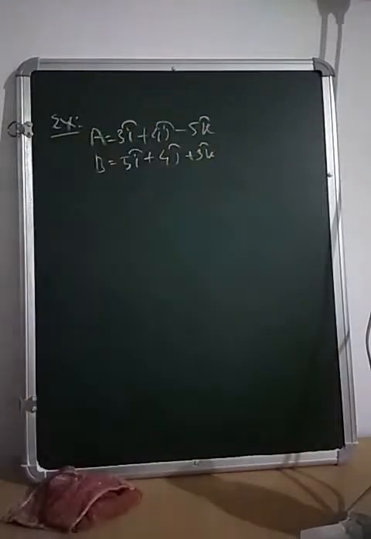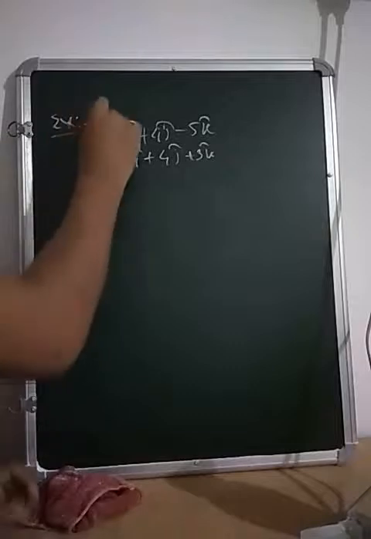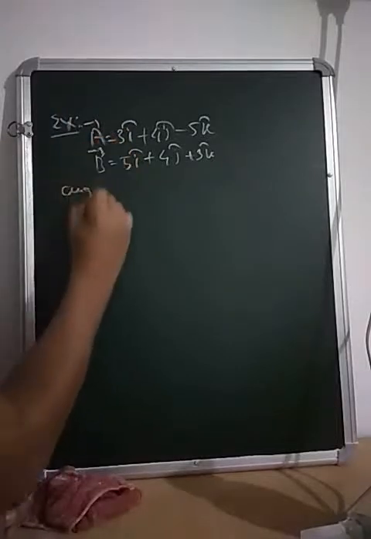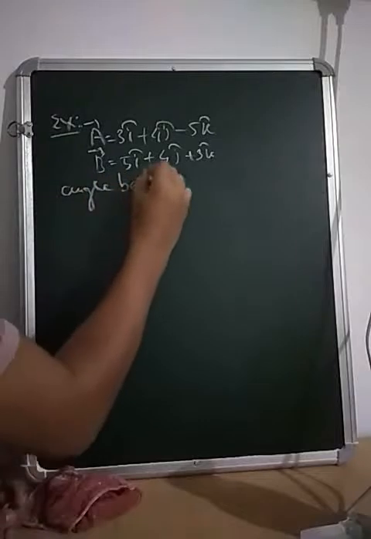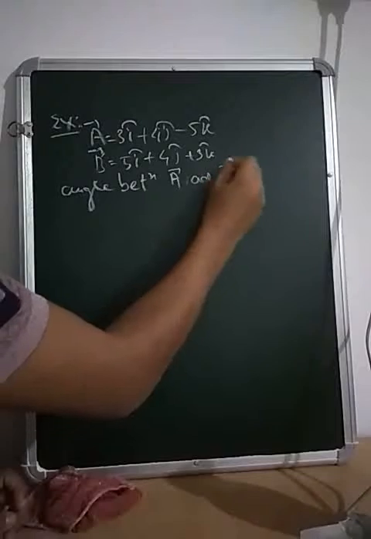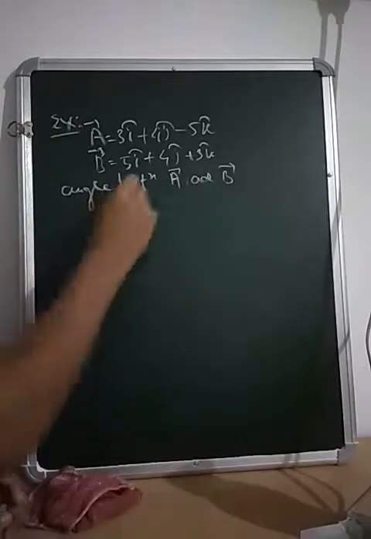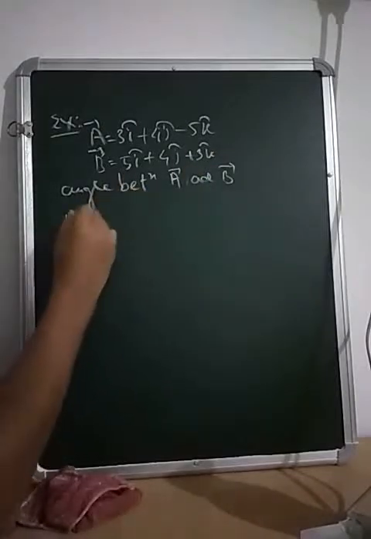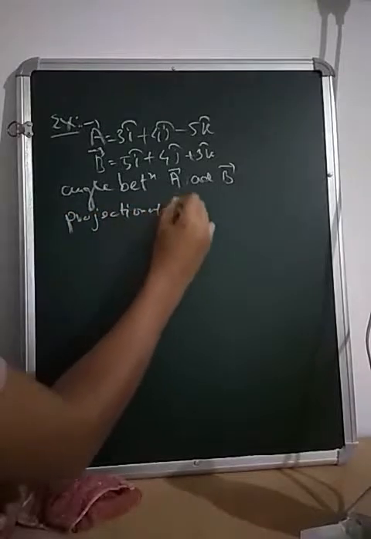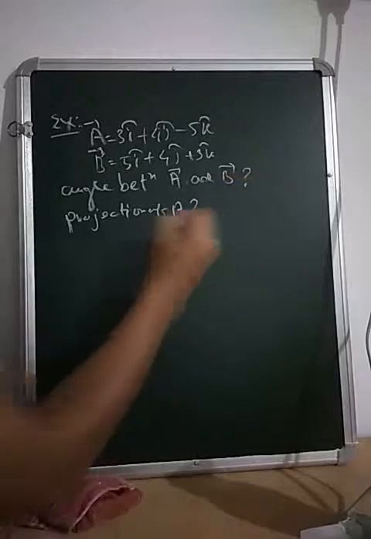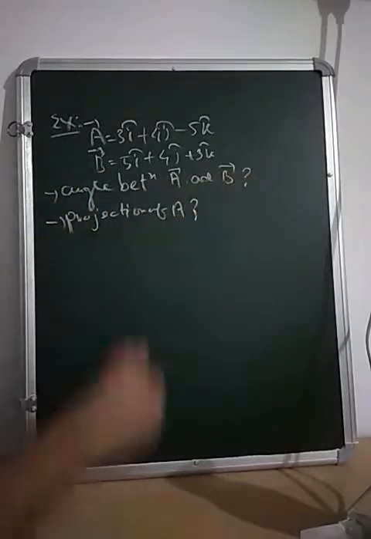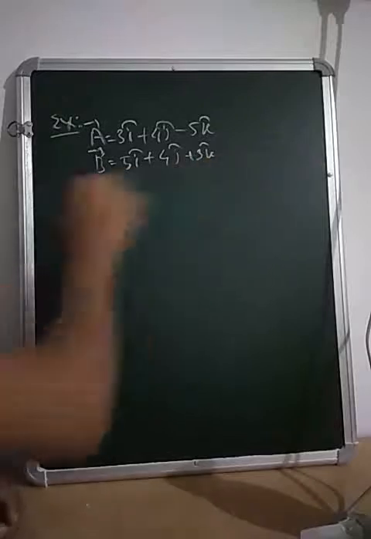Now we have two vectors A and B, and we are asked to calculate the angle between A and B, and also the projection of A on B. So how do we proceed in such problems?